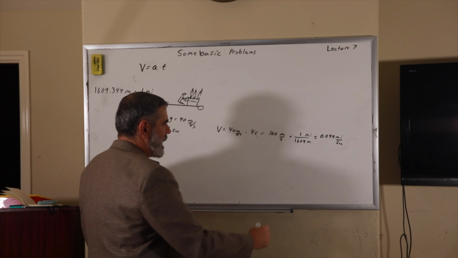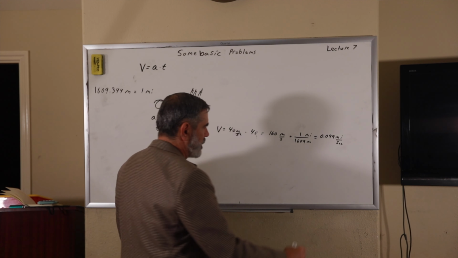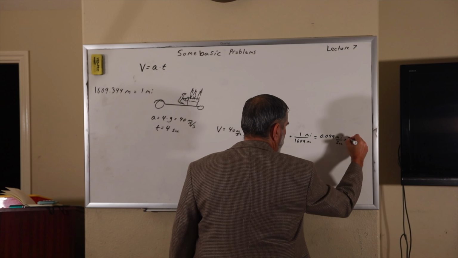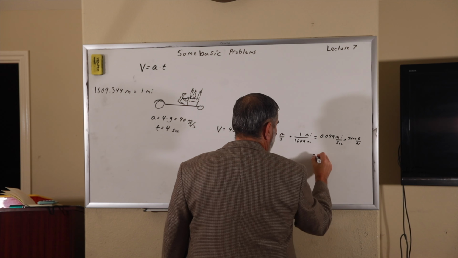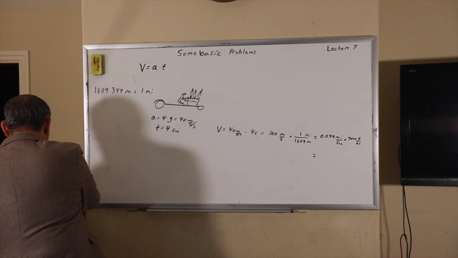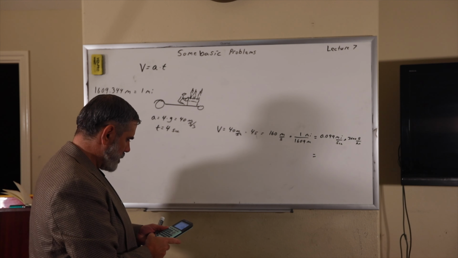And we remember from last time, to convert the seconds in the denominator into hours in the denominator, we need to multiply this times 3,600 seconds per hour. And so I can punch that into my calculator. Times 3,600.